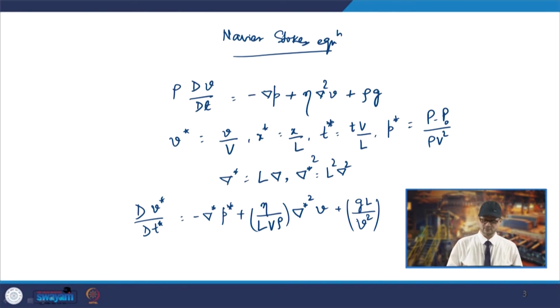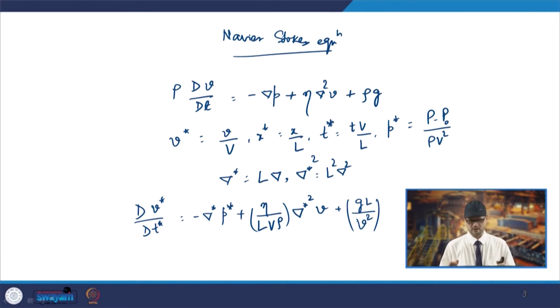So, these terms are coming, and basically these are the important forces which are governing inside the tundish. So, this is coming because of these inertial, gravitational and viscous forces. So, there has to be a constant ratio of these forces.